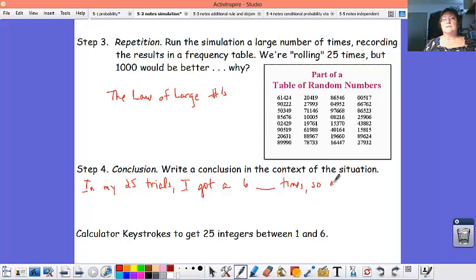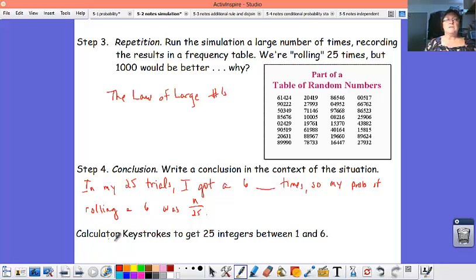So my probability of rolling a 6 was, and then it's however many you got over 25. So you want to write a sentence that concludes what your experiment was. You should be talking in terms of the context. You were rolling 6s. You weren't picking numbers from a die or from a random table. You were rolling 6s. So you've got to talk about it in those terms.